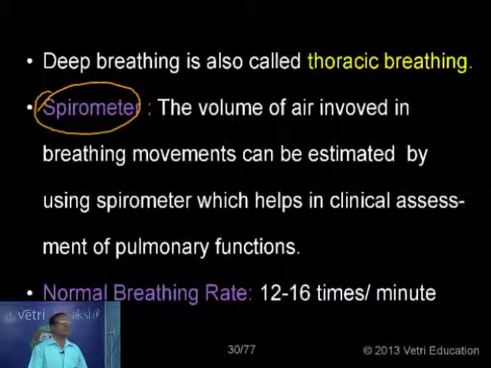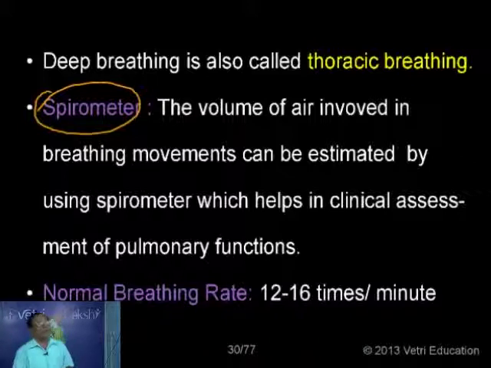Normally it is used in the clinical assessment of pulmonary functions. Doctors use it to check whether the normal volume of air enters into the body or not. So, a spirometer is an instrument used to calculate the volume of air that enters and leaves the lungs during different breathing movements to assess the clinical condition of the pulmonary functions.